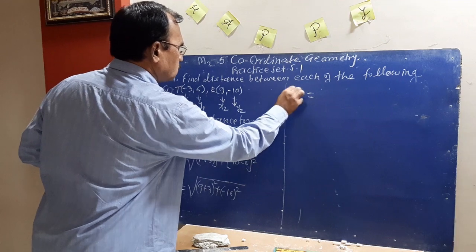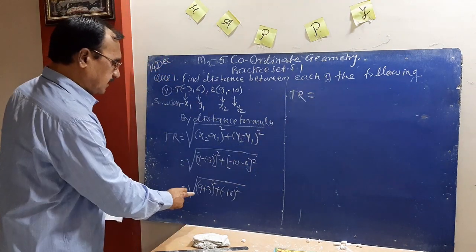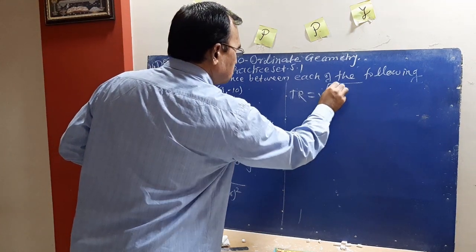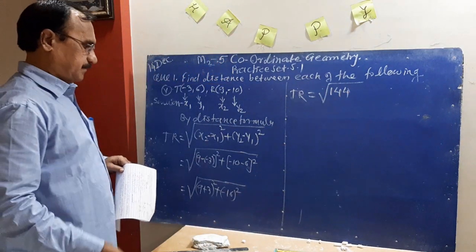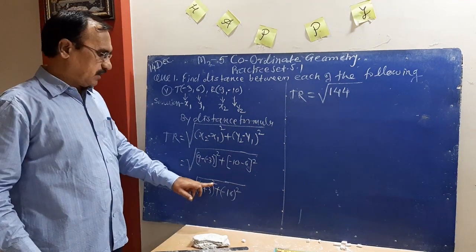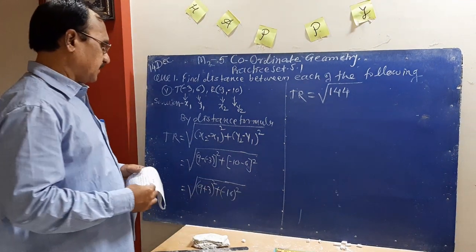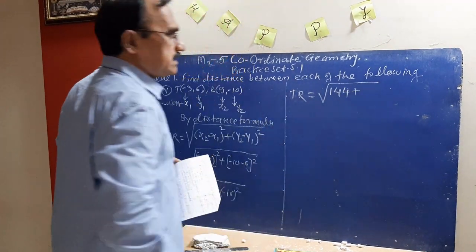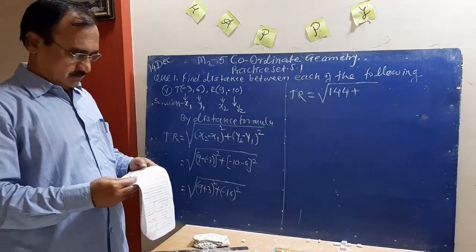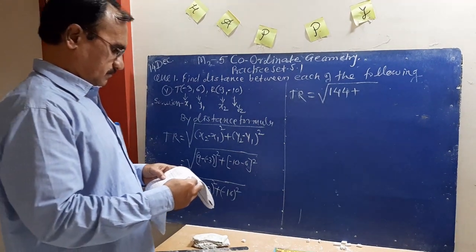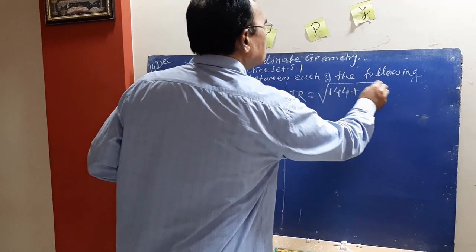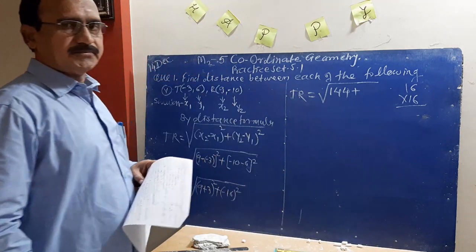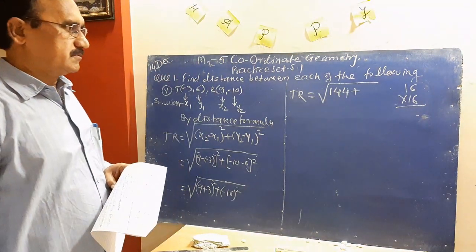TR is equal to 9 plus 3, 12, and square of 12 is 144, minus 16, square of minus 16, 16 into 16 means square of 16.